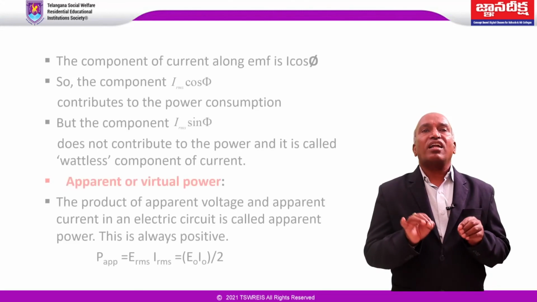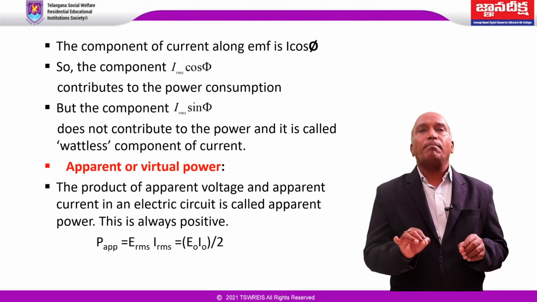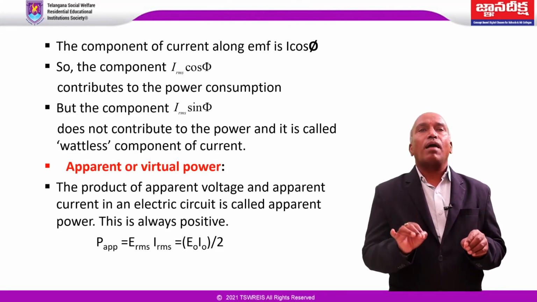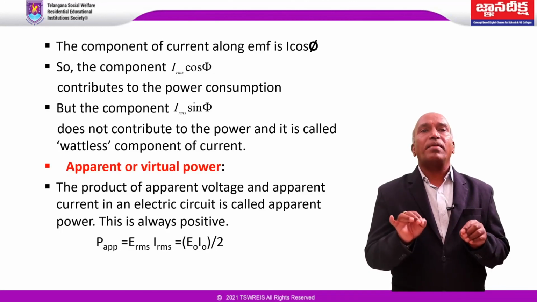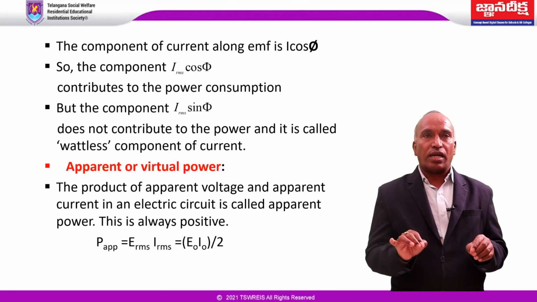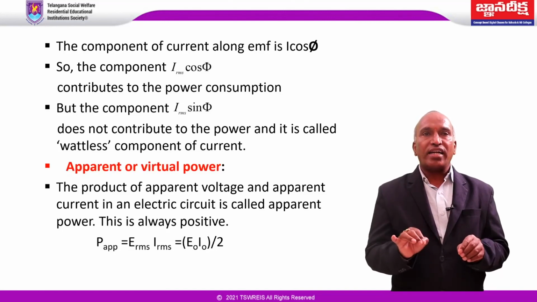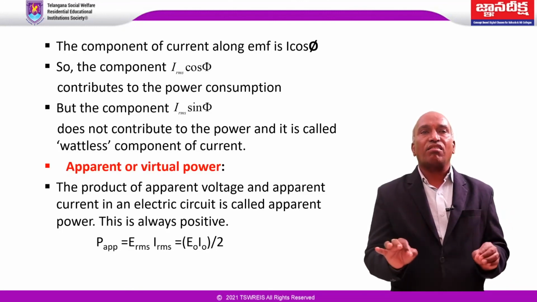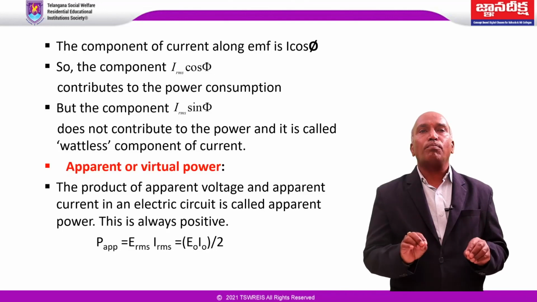The component of current along the EMF is I cos phi. So, the component I RMS cos phi contributes to the power consumption, but the component I RMS sin phi does not contribute to the power, and it is called the wattless component of current.